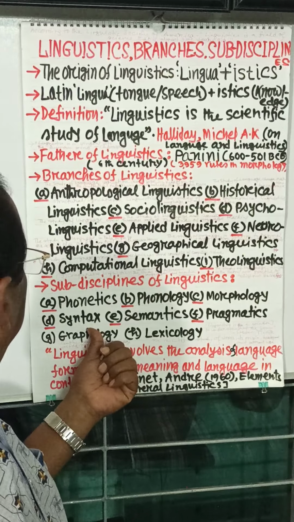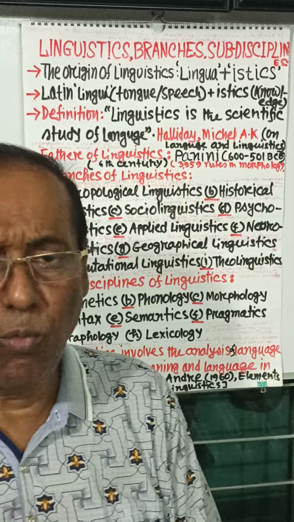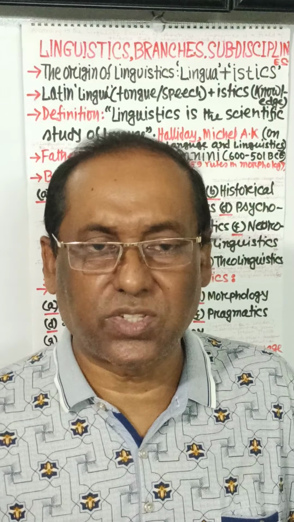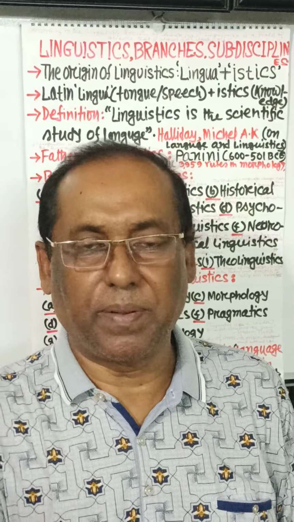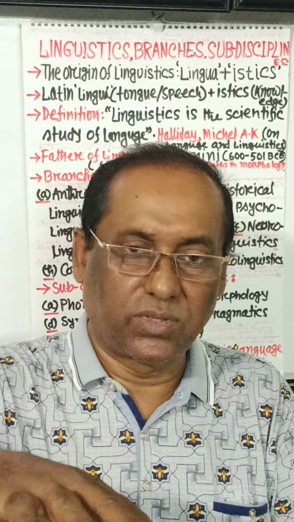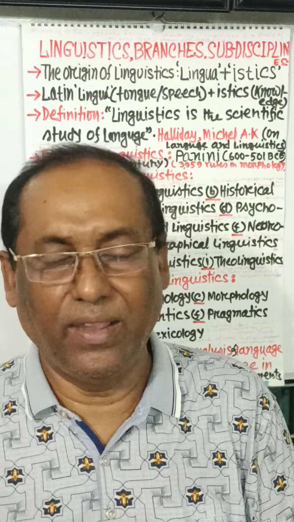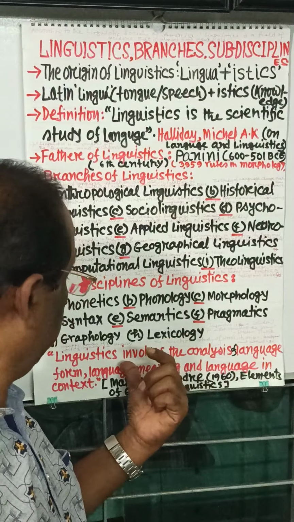There is another linguistic level, that is graphology. What is graphology? Graphology is the scientific study of writing system in a particular language. How the system of writing in a language is the main concern of graphology.